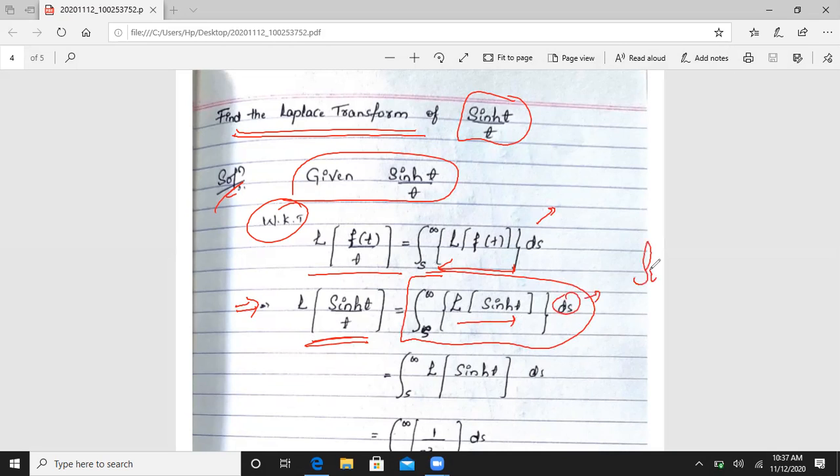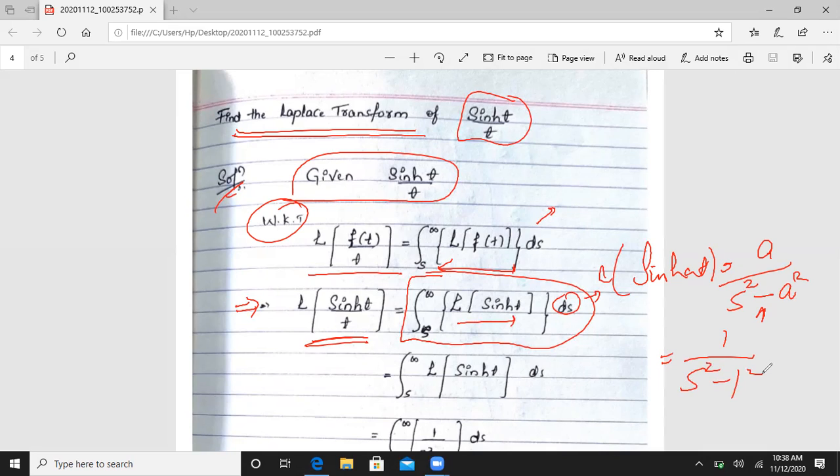You already know that the Laplace transformation of sinh(at) is equal to a divided by s square minus a square. Be careful here: s square minus a square, and here the value of a is 1, that is 1 divided by s square minus 1 square.